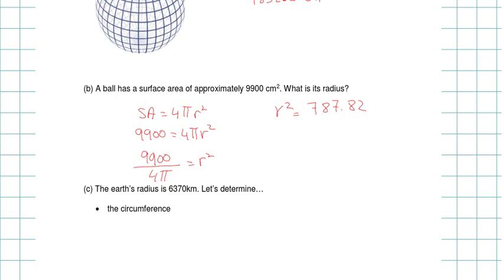Square root. So now I have to take the square root of the answer, which is about 28.1 centimeters. You can do square root and then press the answer button, and it will square root the answer.